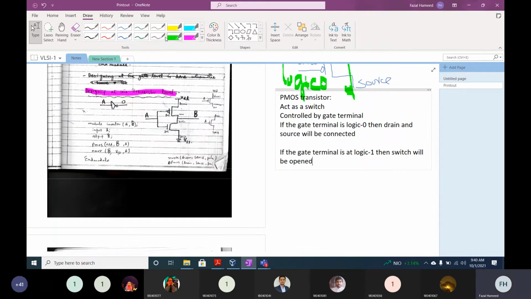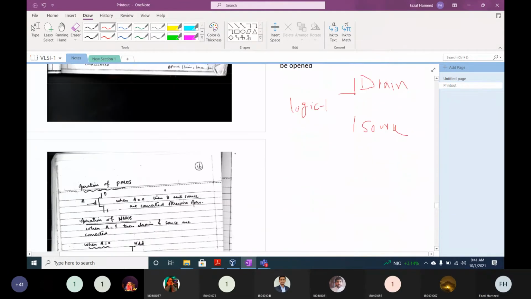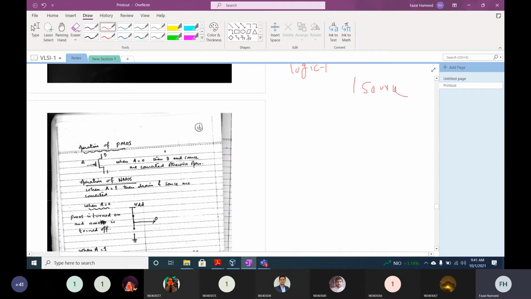Switch will be open means that in this particular scenario, the drain and the source are disconnected. Is the switch open or closed? Open, sir. The switch will be open if the gate terminal is at logic 1. So this was for the PMOS.